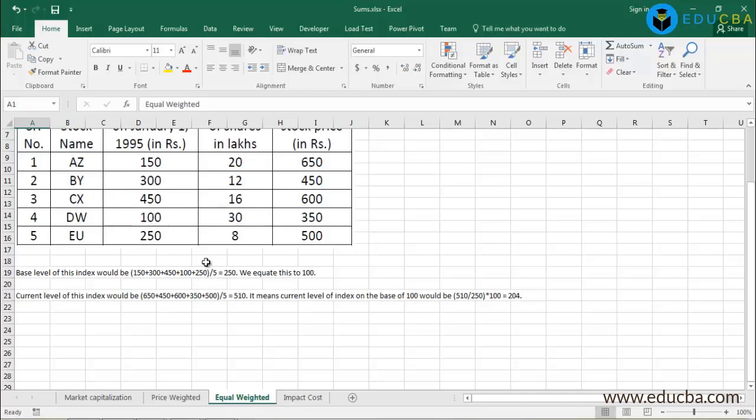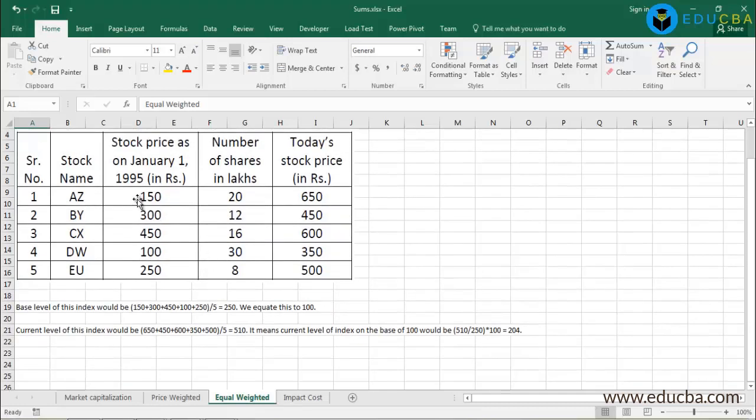There is no need to do multiplication or assign weights. We're just going to take the price of the shares divided by 5, which comes to 250, and we equate this to 100.